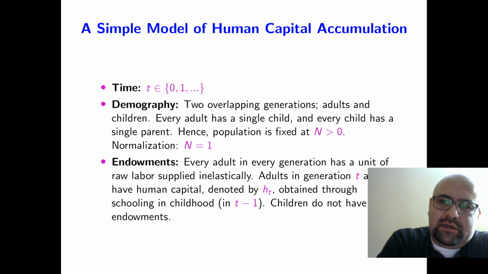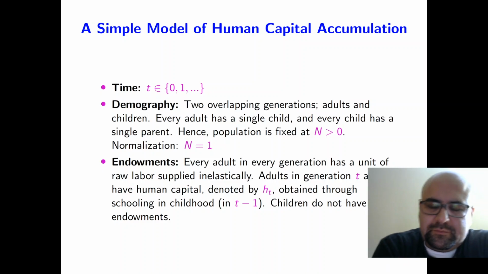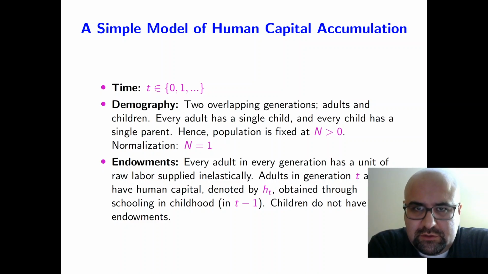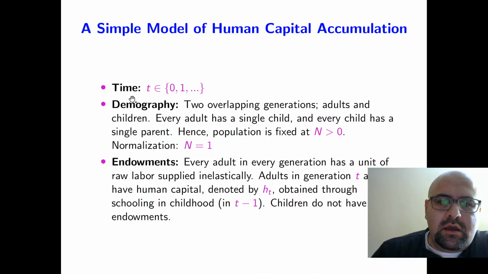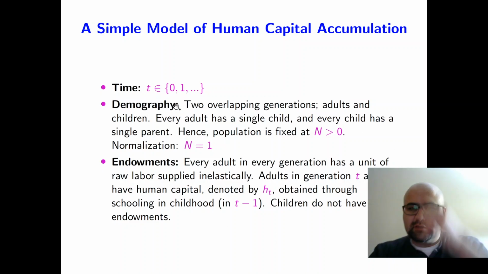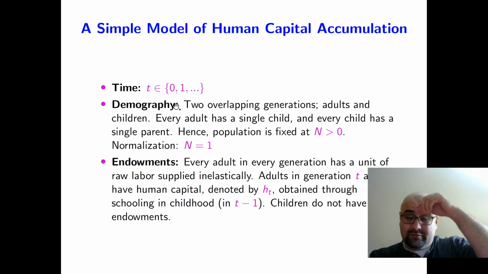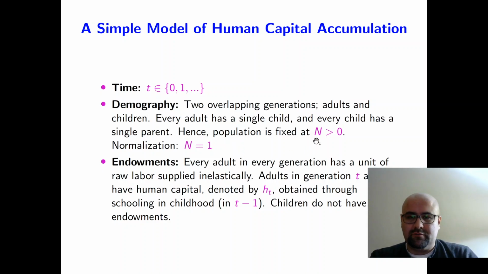And here is the model construction. So time will be discrete, denoted by T here. And the demographic structure will be like 2 generations, but there will be no population growth because every adult has a single child and every child has a single parent.